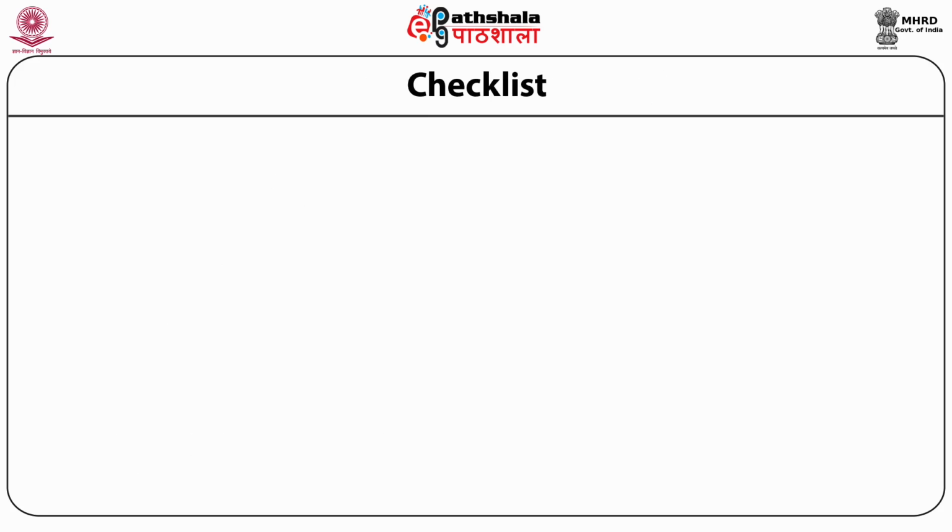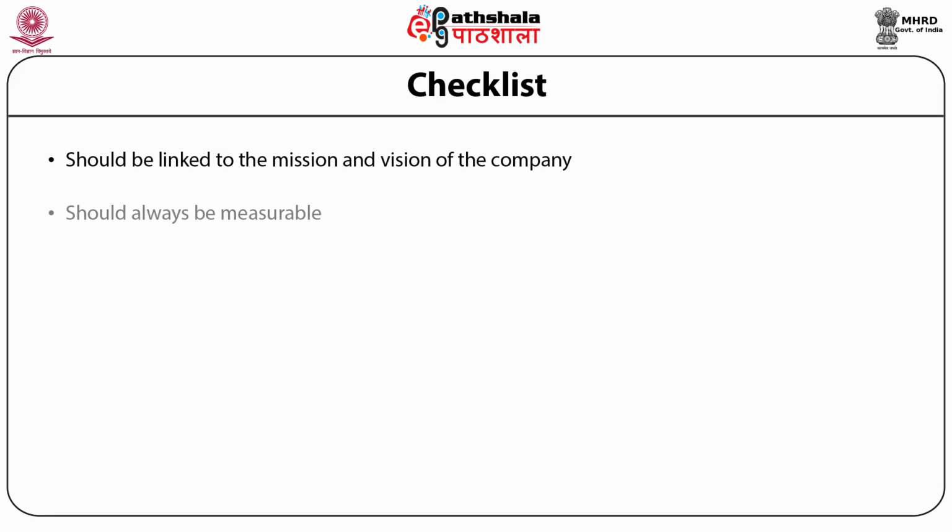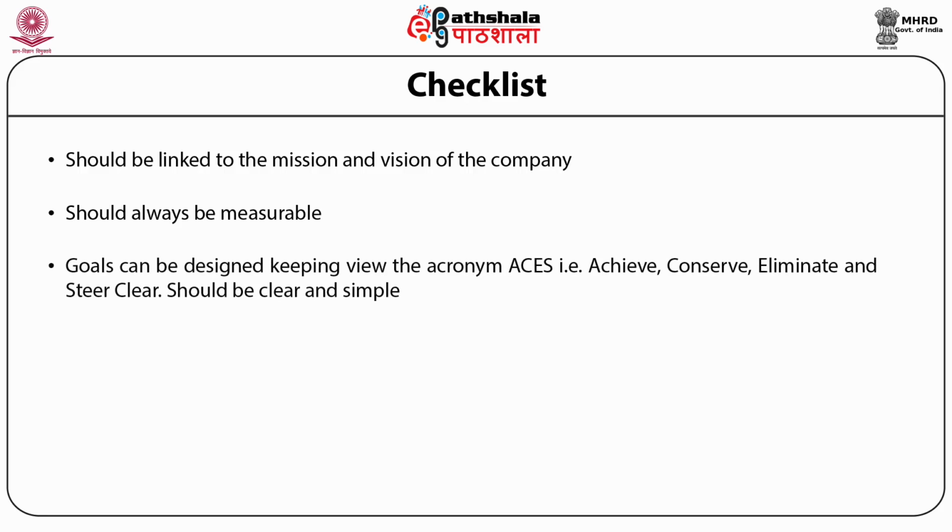There are certain checklists which, if followed, can really help the company to set up good vision and mission statements. The goals and objectives should always be linked to the mission and vision of the company. They should always be measurable. Goals can be designed keeping in view the acronym ACES, where A stands for achieve, C stands for conserve, E stands for eliminate, and S stands for steer clear.